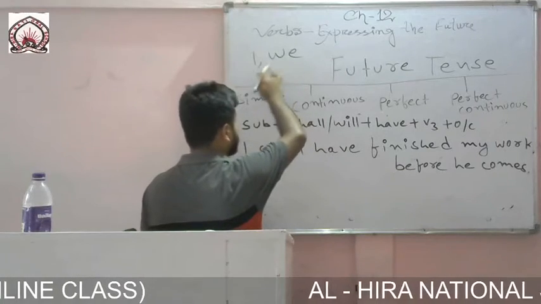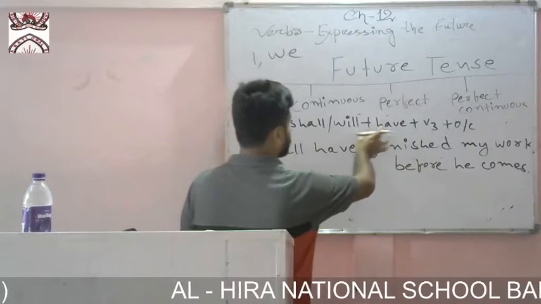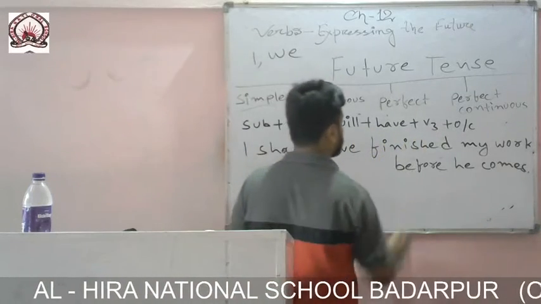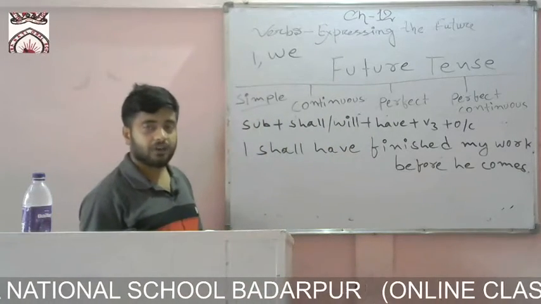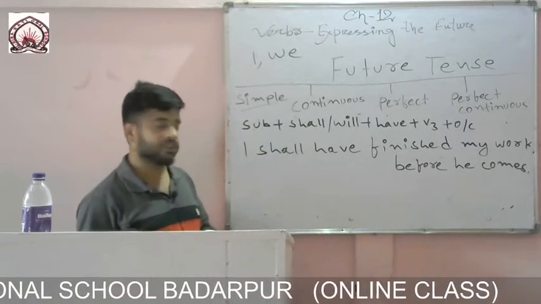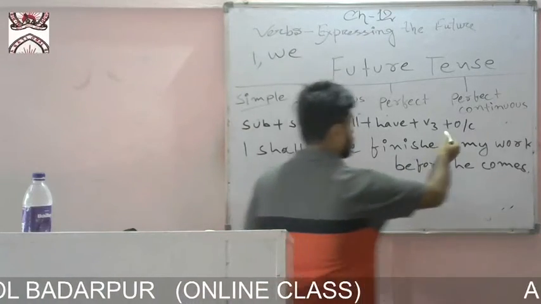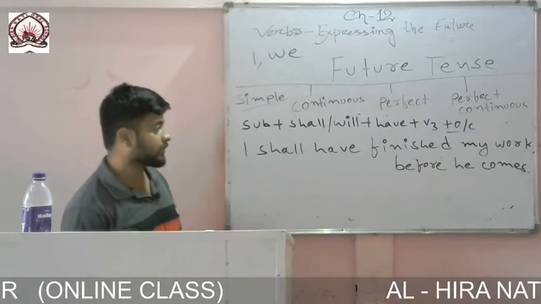As I said earlier, with I and we we use shall. Then after shall or will, we have to write have. Then verb 3, finished. Finished is the third form of the verb finish. So I shall have finished my work. My work is the object or complement, and this is the second part. So I shall have finished my work before he comes.